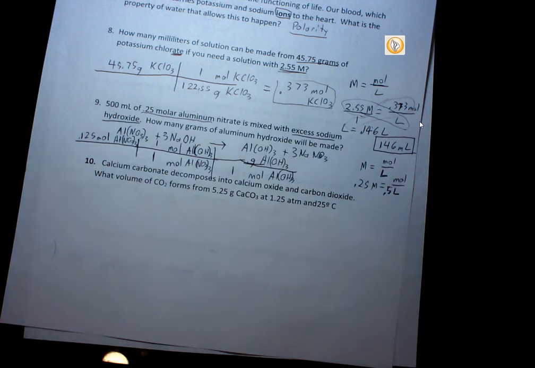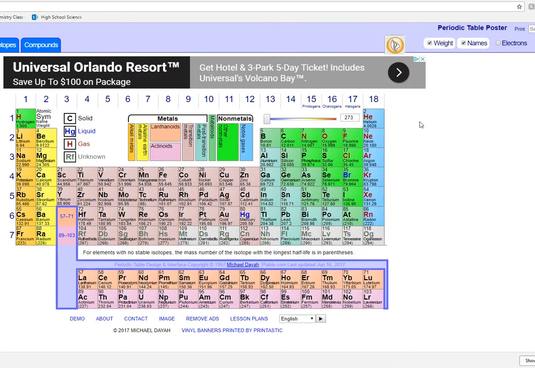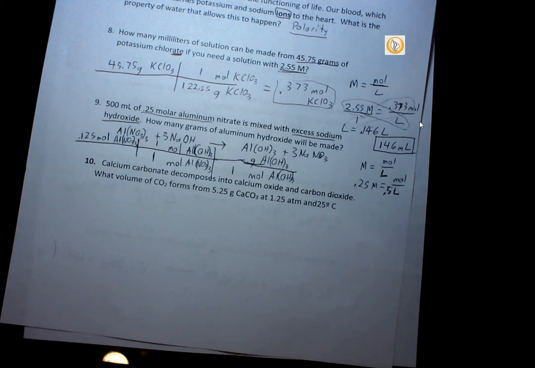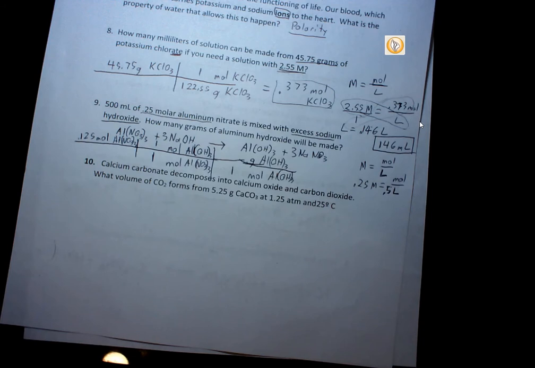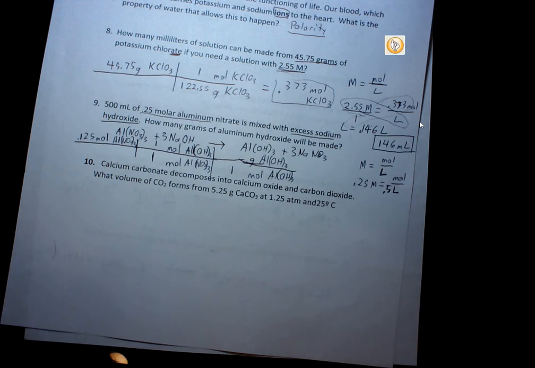So aluminum has 26.98, and we have one of those. Plus oxygen, we have 3 of, because of this subscript here. So 16 times 3 plus 3 hydrogen. Just going to add 3.03 there.